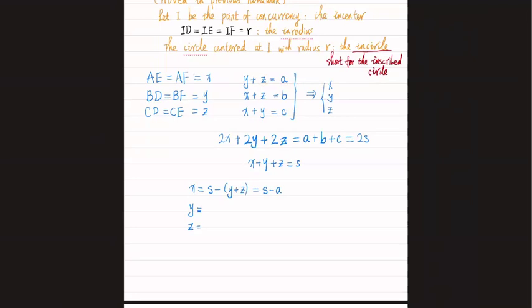Any thoughts? Eric, what would you do? I'll make y equal to S minus x plus z. What is x plus z? That's equal to B. Okay.